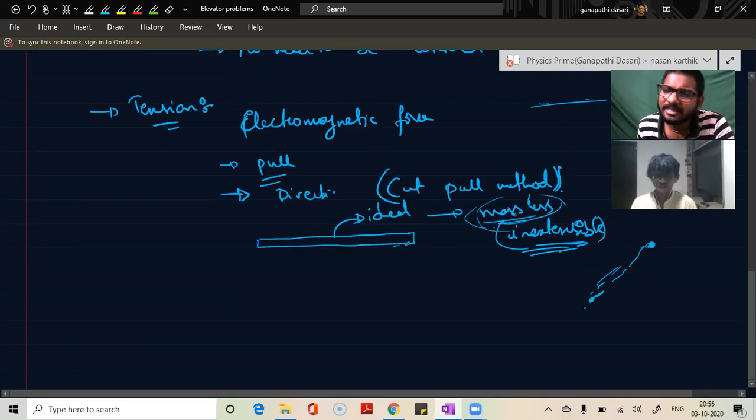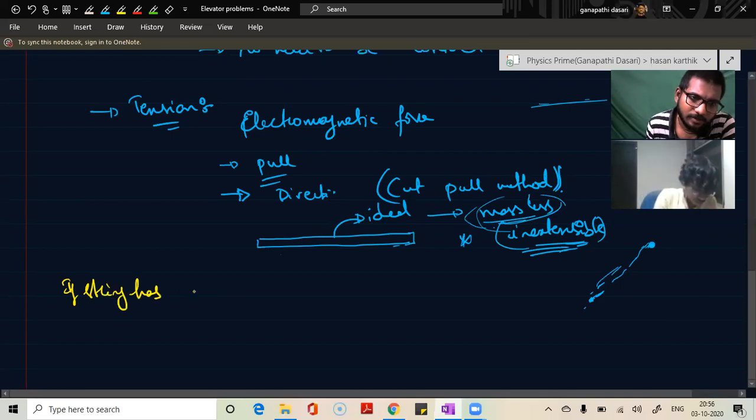If it has mass, you have to solve that kind of problems also, where tension will not be constant throughout. That is very important. If the string has mass, the tension will not be the same throughout the string.